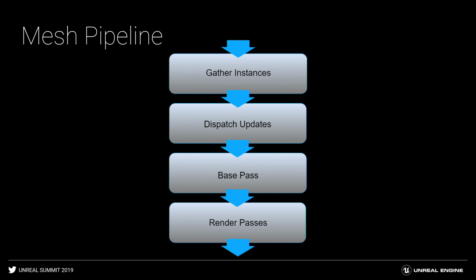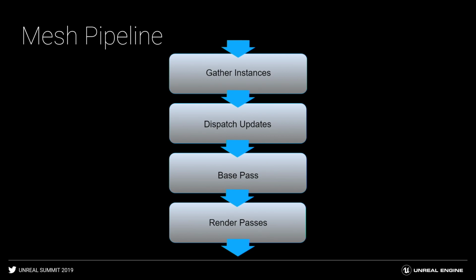We also have exposed a new virtual function to extend implementations for dynamic geometry in the future, which we'll talk about in a minute. After assembling all the instances, we have to apply updates. This means updating vertex positions for skeletal meshes or Niagara particles, and rebuilding any acceleration structures that we need. Once the individual bottom level or object level acceleration structures have been updated, then we have to rebuild the scene acceleration structure.